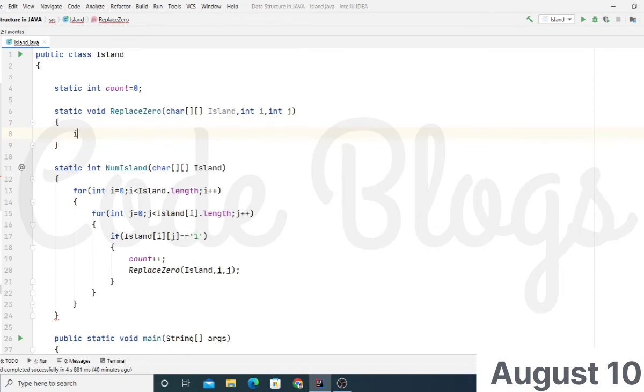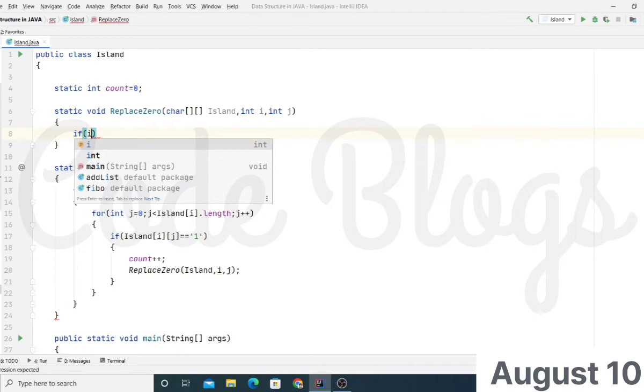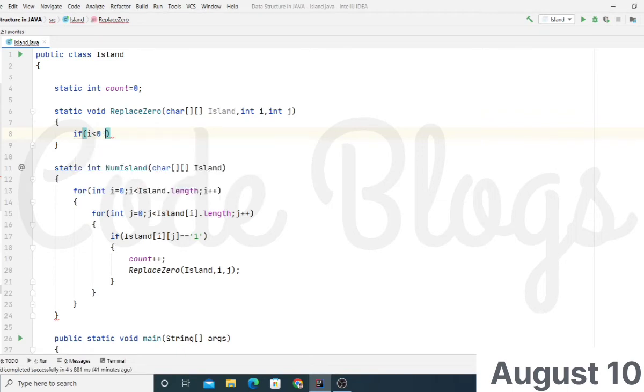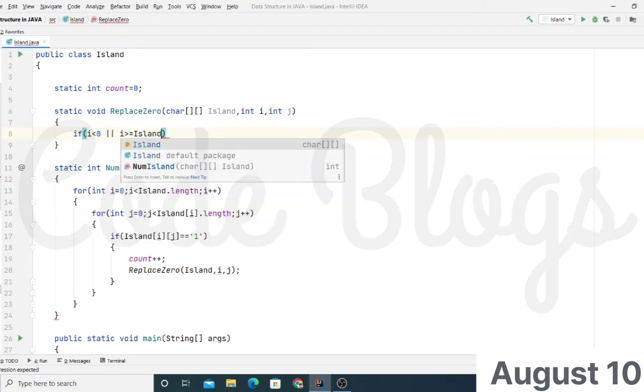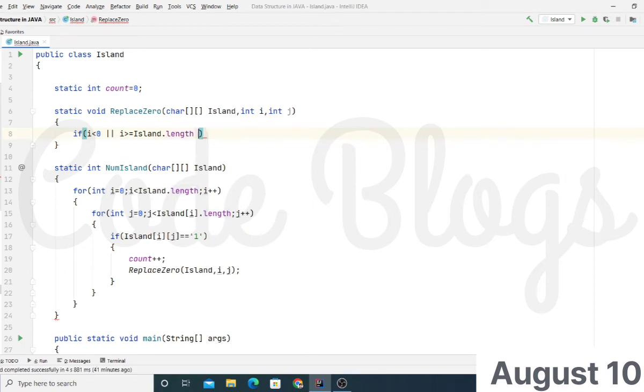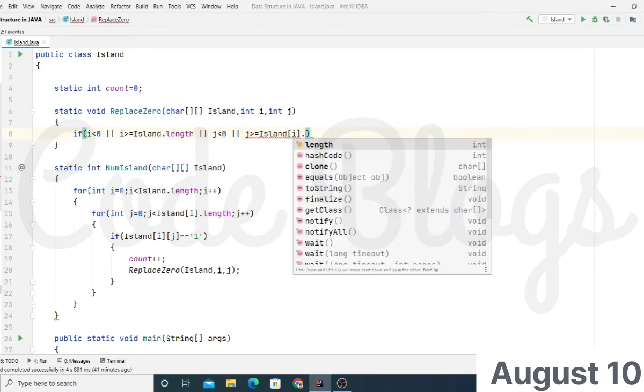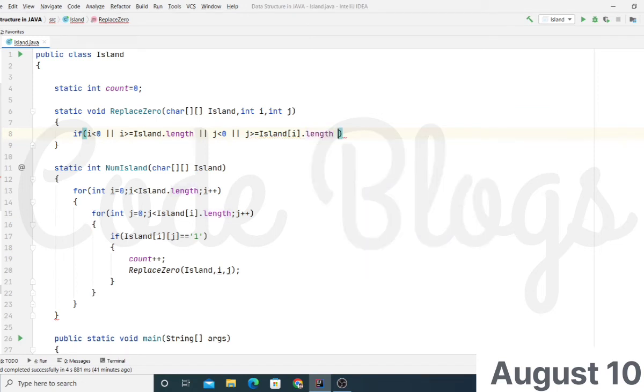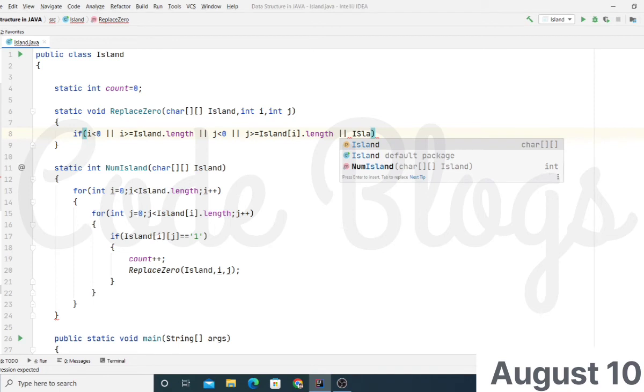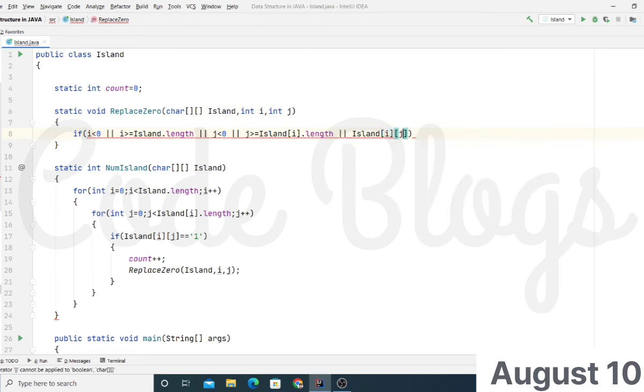Now we first check if i less than 0, or i greater than or equal to island dot length, or j less than 0, or j greater than or equal to island of i dot length, or finally if island of i and j double equals 0.